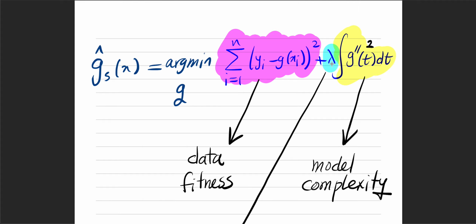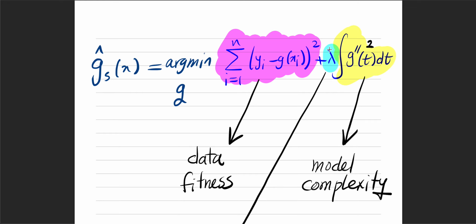On the other hand, if lambda is infinity, or is large, let's say not infinity but very large, then G becomes very smooth, perfectly smooth. In the extreme case, it will be just a straight line, as if you're fitting a simple linear regression model.